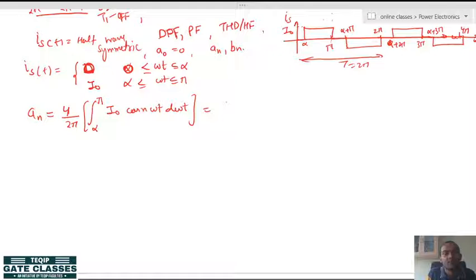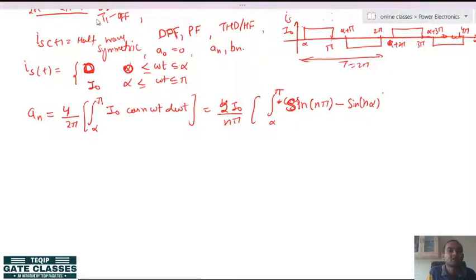So, this will give you 2 I naught upon n pi, integration alpha to pi cos, sin n pi minus sin n alpha.